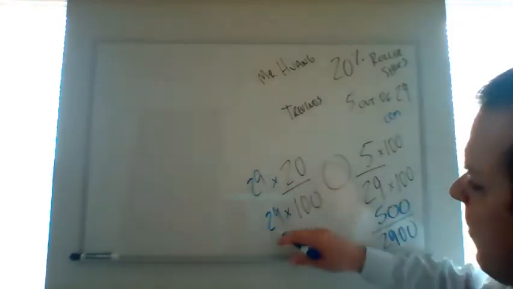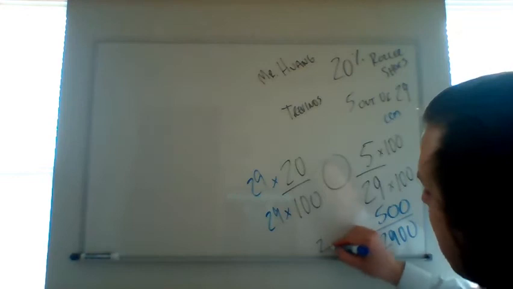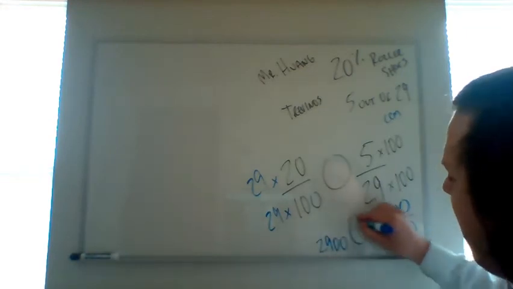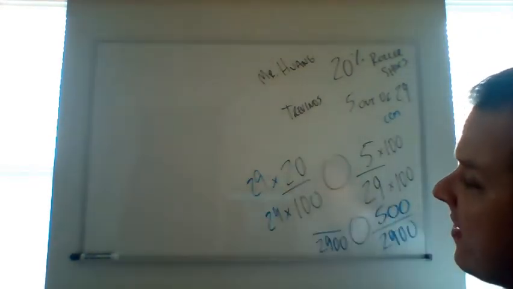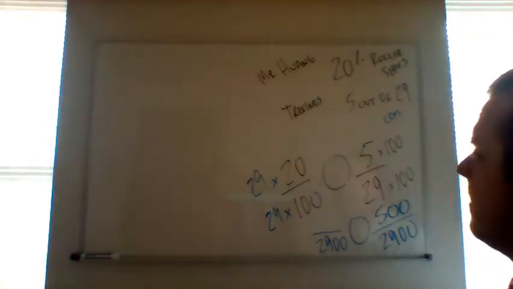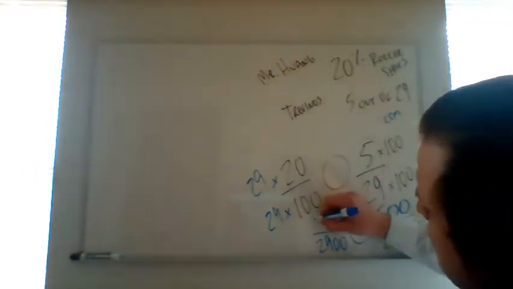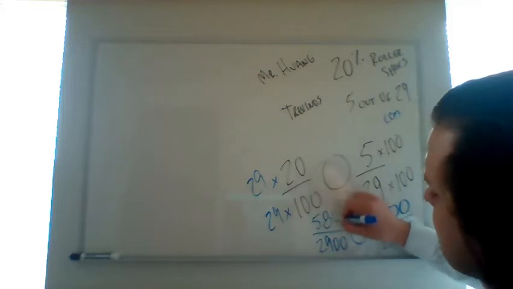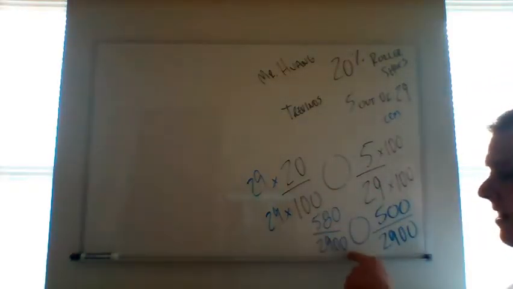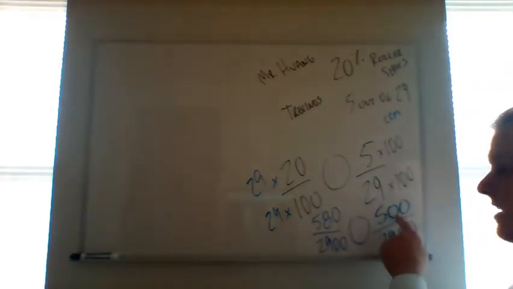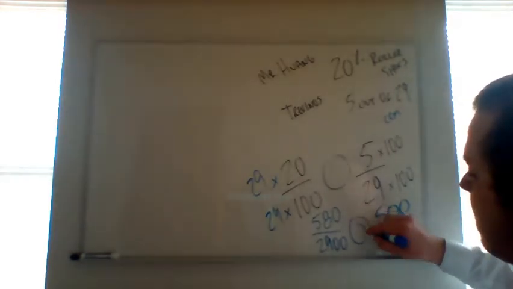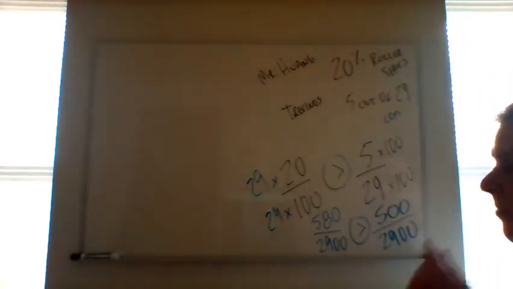And so 29 times 100 is 2,900. And 29 times 20 should be, is that 580, I believe? So we times both fractions to get common denominators. 580 is larger than 500, so this would be a greater than sign.